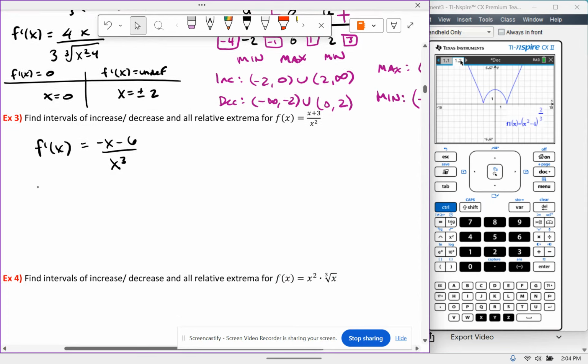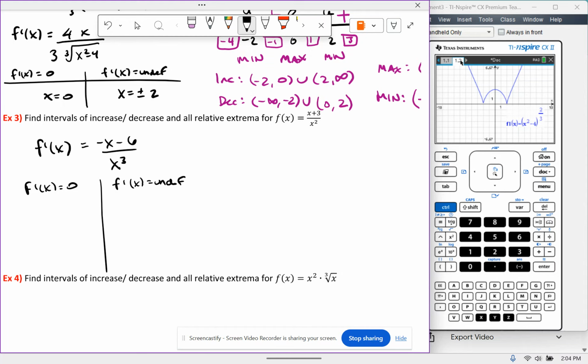Hooray. So let's find where this guy is equal to 0, and then let's find where this guy is undefined. Well, undefined is going to come from setting the denominator equal to 0, so I know that x cannot equal 0. Where the first derivative is equal to 0 is going to come from setting the numerator equal to 0.